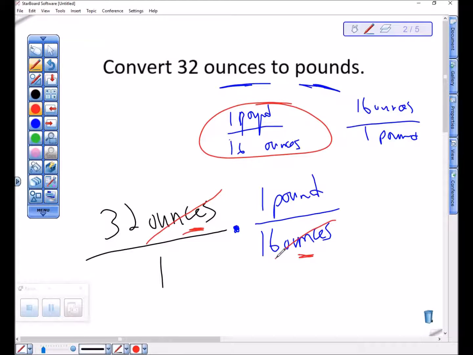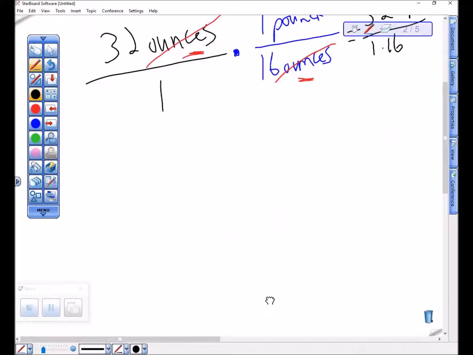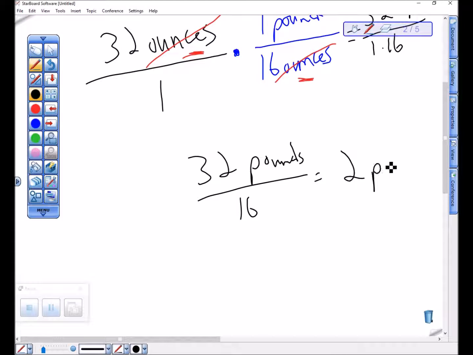My label of ounces will cancel out, and this will be 32 times 1 pound over 1 times 16. 32 times 1 pound is 32 pounds, divided by 16. 32 divided by 16 is 2. So this is 2 pounds.